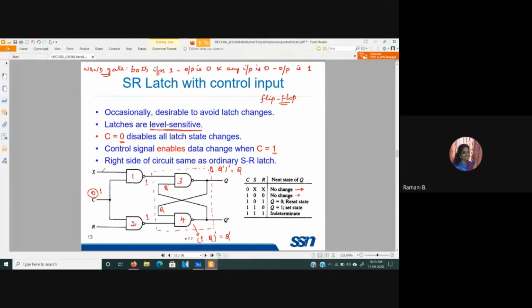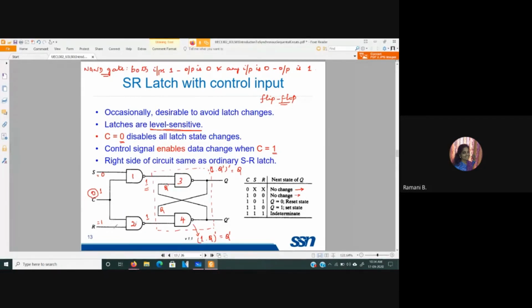And when S is equal to 0 and R is equal to 1, what happens? When one of the inputs to the NAND gate is 0, your output is 1. So this particular output will be 1.